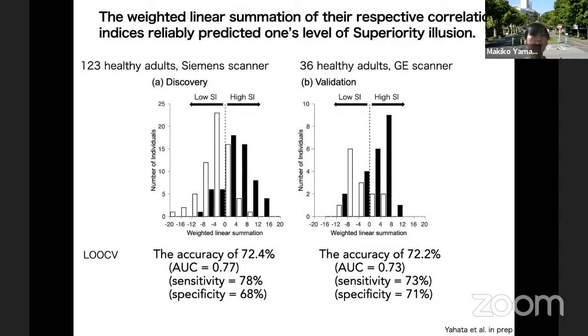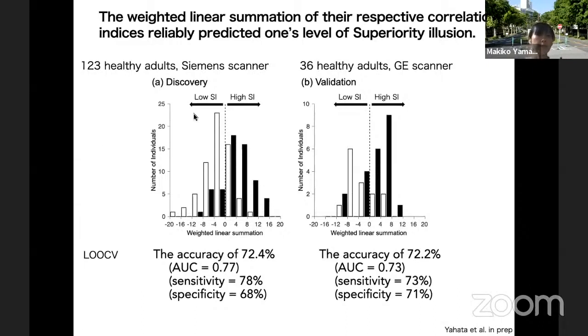And we found that the weighted linear summation of the respective functional connectivity indices reliably predicted one's level of superiority illusion, whether it is higher or lower.